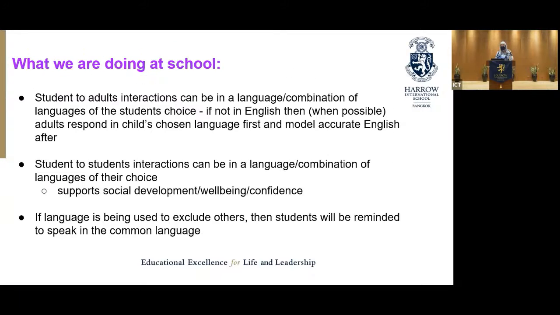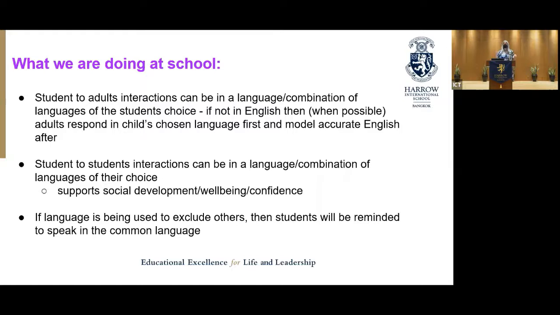So the way that we do that, linking back to what Vygotsky was talking about, social interactions: student to student and student to adult interactions, so that's a child talking to a member of staff or an adult at school. Children will be empowered to initiate that interaction in the language or a combination of languages of their choice, because we just want our children to be confident in communicating.